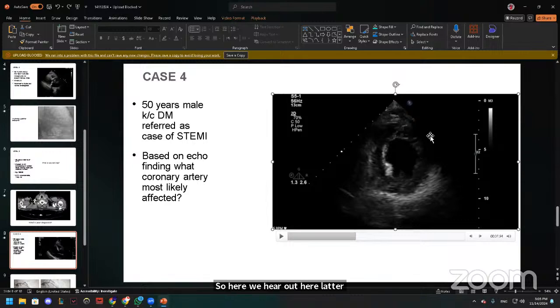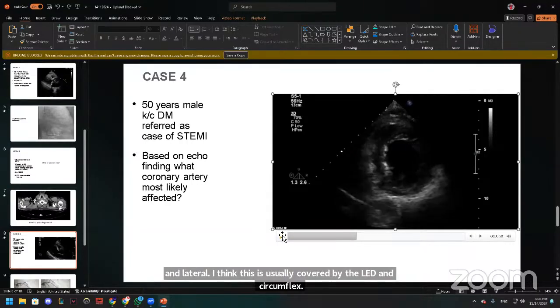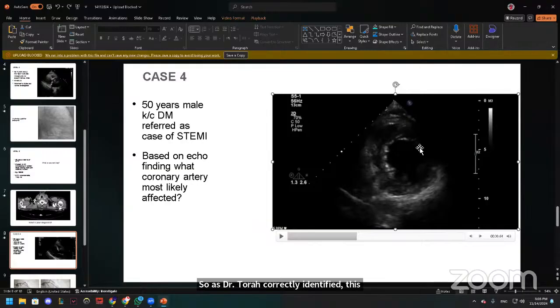I think this is usually covered by the LAD and circumflex. So as the doctor correctly identified, this is hypokinetic, maybe because it's also supplied by the circumflex, I don't know. This is good enough to know. This is inferior lateral, so RCA and circumflex. This is inferior, so this is RCA. This is inferior septal, anterior septal.